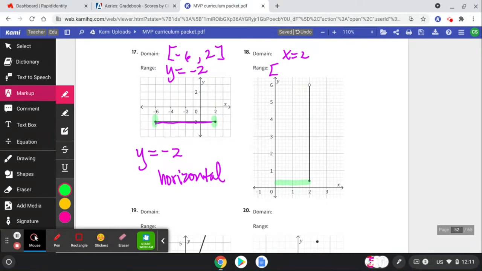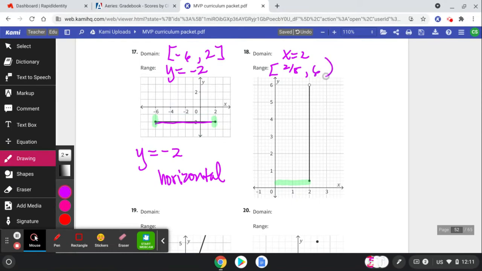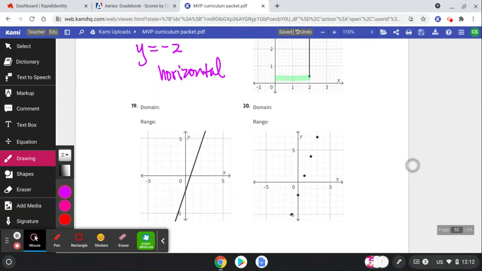So this is like 2/5. It goes from 2/5 all the way up to 6, but notice the 6 is an open dot, so we're not going to include that, so we do 6 open bracket. So from 2/5 to 6, that's the minimum of the graph to the maximum y value of the graph.